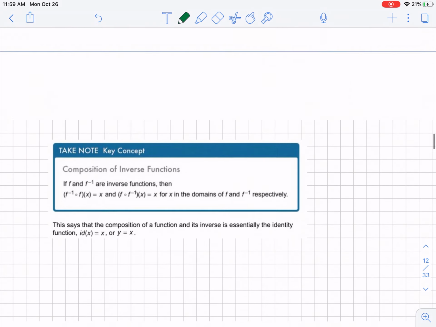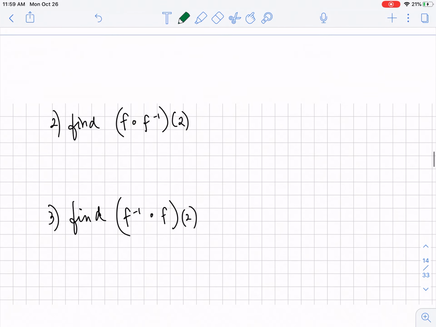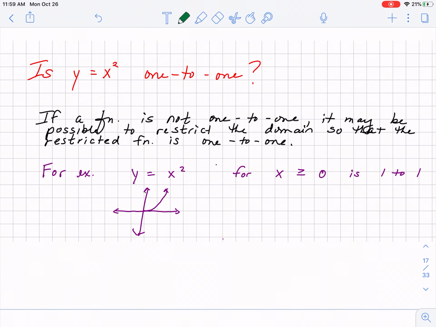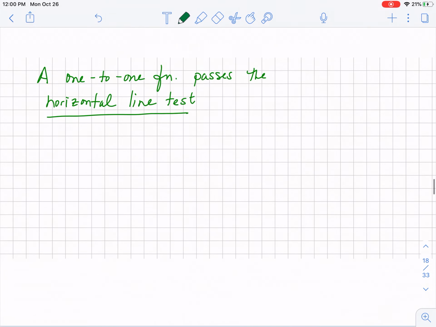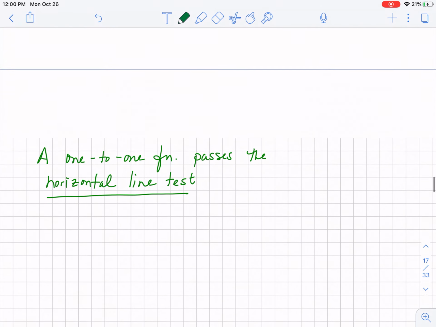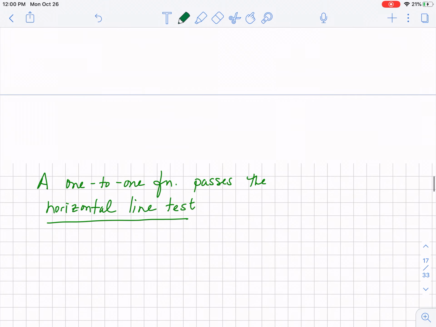Don't worry about this. I'm just throwing it in there to put things in perspective of inverses, okay? I'm scrolling through all of this. It's not the most important thing. I'm sorry, I'm going to just jump right to this instead. A one-to-one function passes the horizontal line test, okay?